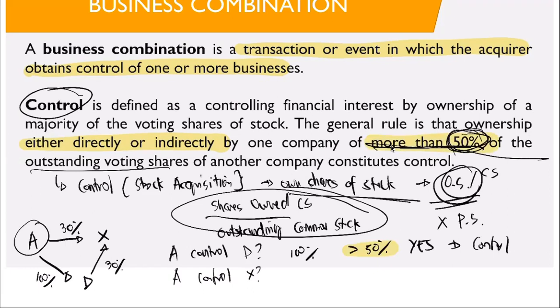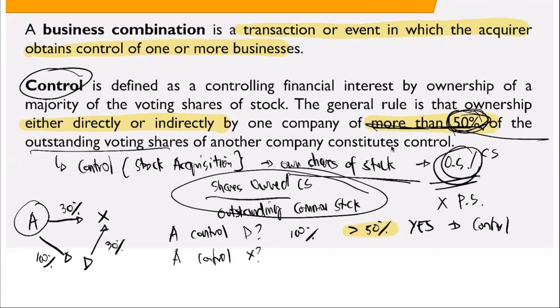So whether directly or indirectly, what is directly owned by A? A owns 30% of X. What is indirectly owned by A?